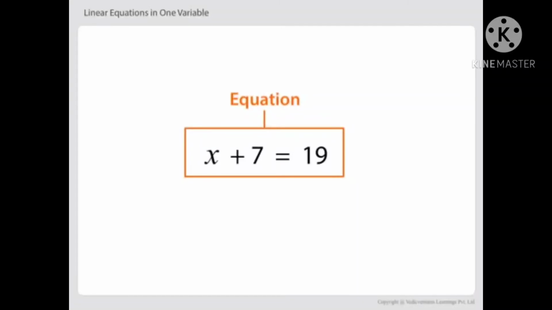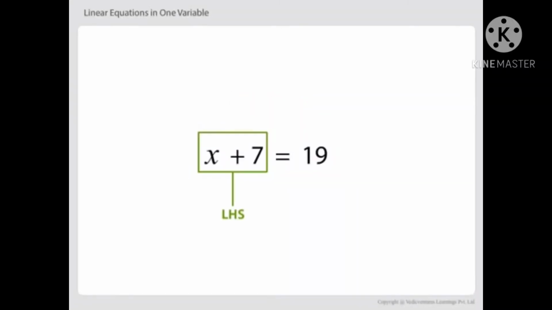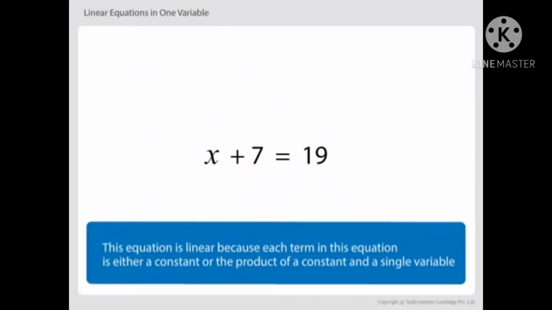Because it contains an LHS expression, an RHS expression, and an equality sign. This equation is linear because each term in this equation is either a constant or the product of a constant and a single variable.